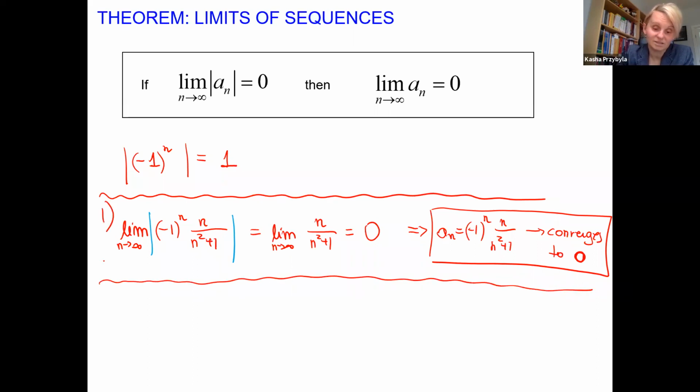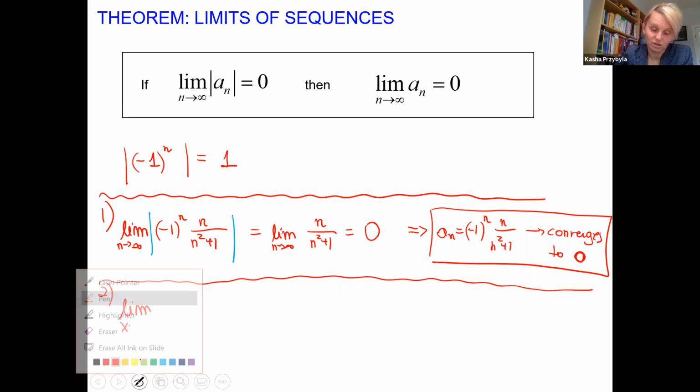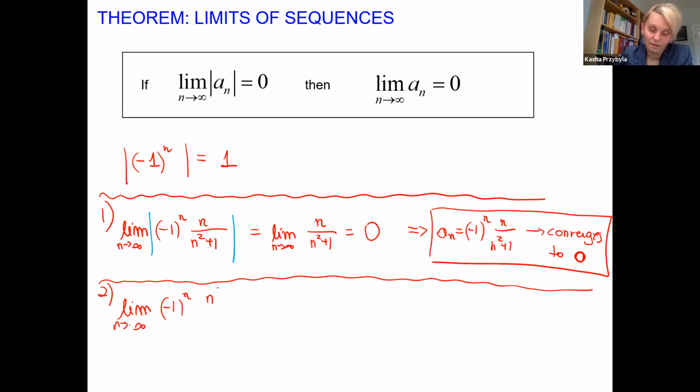Let's take a second example. As n goes to infinity, -1 to the n, and let's say n squared over 3n squared plus 1. How does this sequence behave at infinity?